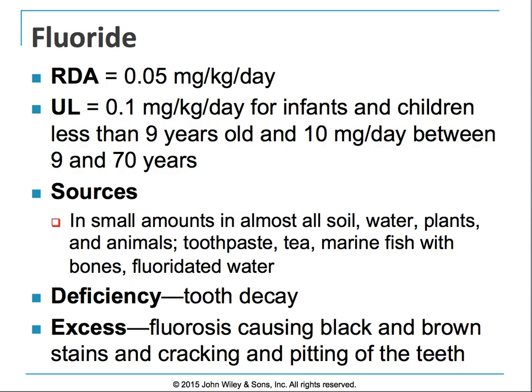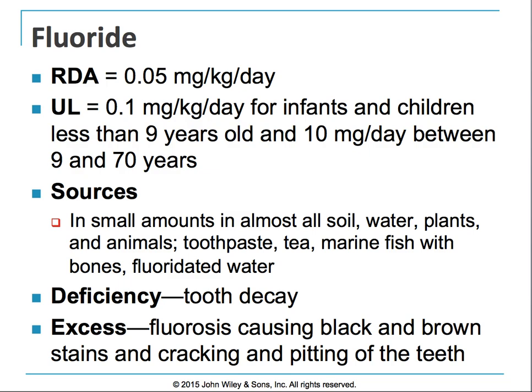The UL for fluoride is 0.1 milligrams per kilogram per day for infants and children less than 9 years old, and 10 milligrams per day between 9 and 70 years. So that's a lot. 10 milligrams per day of fluoride is way more than any of us would ever get from just normal consumption of food and water.